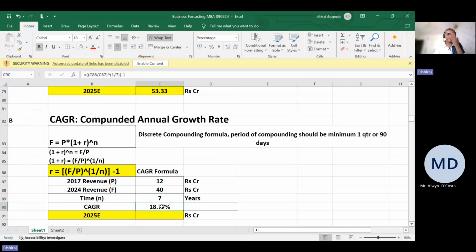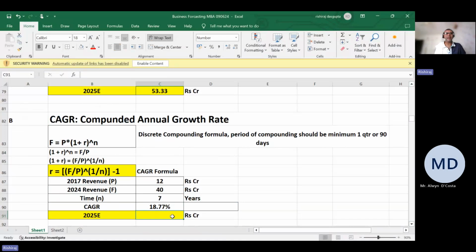I'll do it again very slowly. Double bracket start, future value 40 divided by present value assumed as 12, to the power 1 by n, n is 7, double bracket close, minus 1. So that is 18.77%. So now I can apply the CAGR 18.77% to estimate the 2025 revenue.